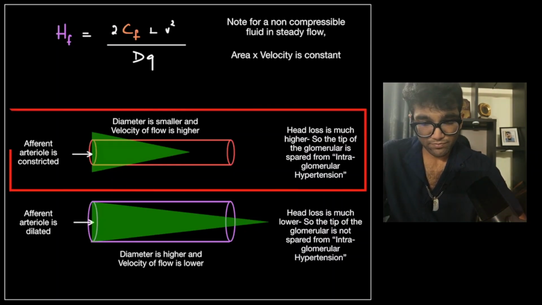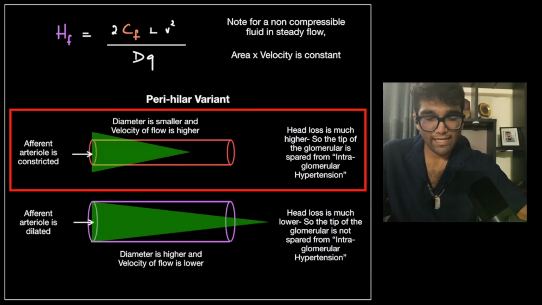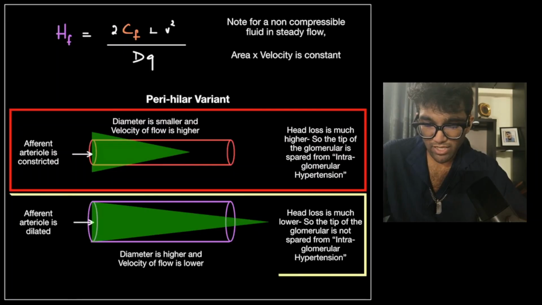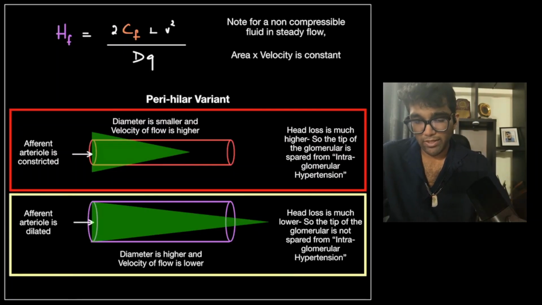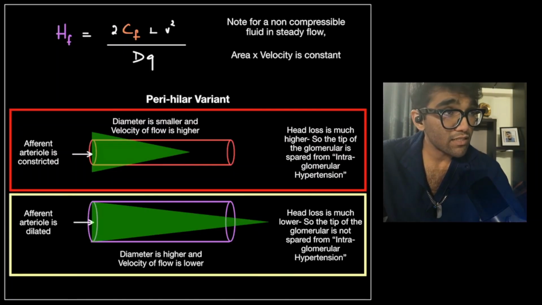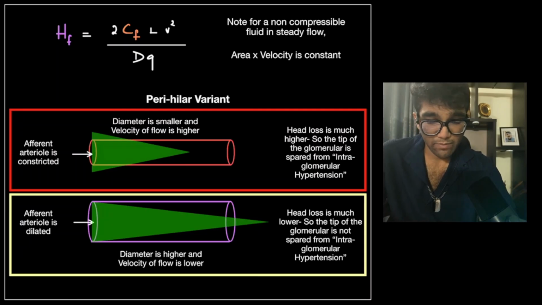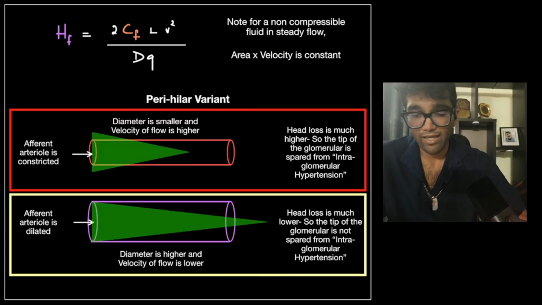Okay, so this is what happens in the perihilar variant, and this is what happens in the tip variant. So what does the presence of the perihilar variant essentially mean? It means that the afferent arteriole is constricted, or it is not capable of dilating normally as it would have. And that implies that there is more structural damage.